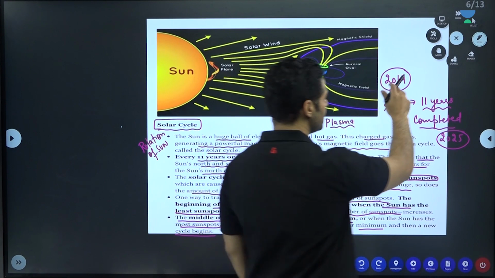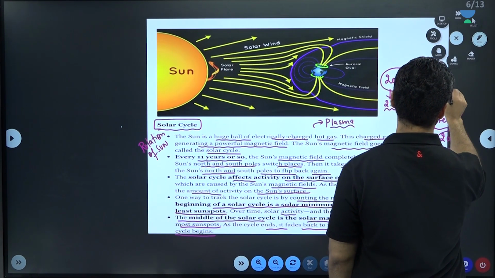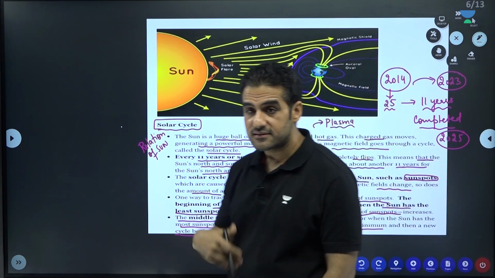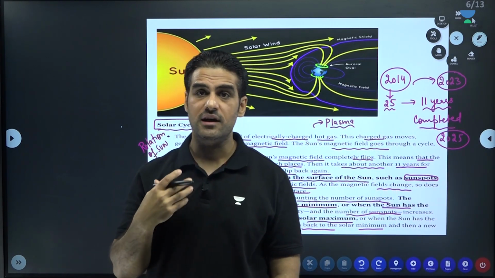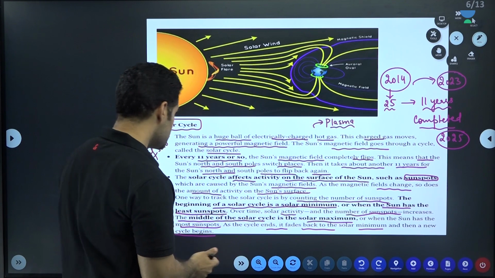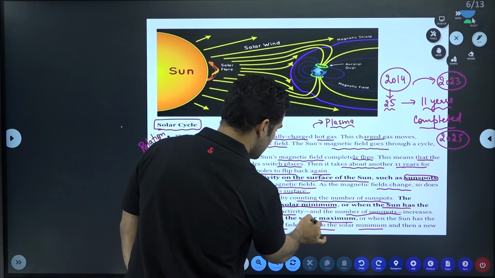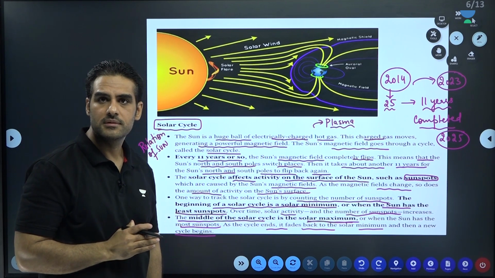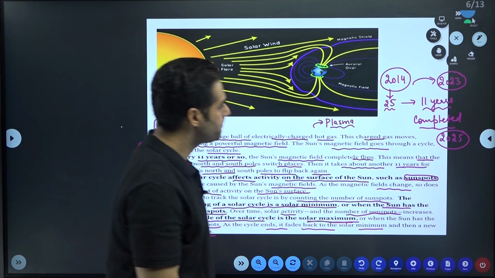So as it started in 14 and we are already in 2023, what will be the number of sunspots? Increasing. As the number of sunspots is increasing, it means we are in which phase? Solar maximum phase. Is it clear? समझ आ रहा है यहाँ तक? Okay.